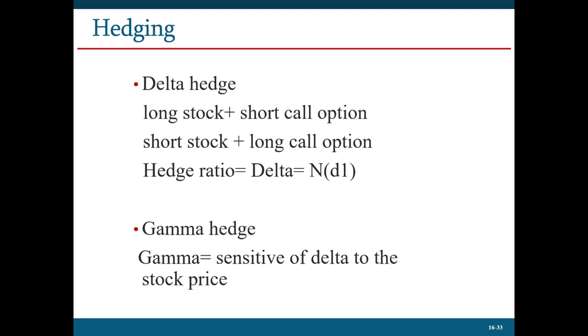We can go two different ways. The first way is to take a long position in stock. In that case, to cancel off the risk in stock, we take a short position in call option. So it's a combination of a long stock position and a short position in call option. Or we can do the opposite: a short position in stock and a long position in call option.